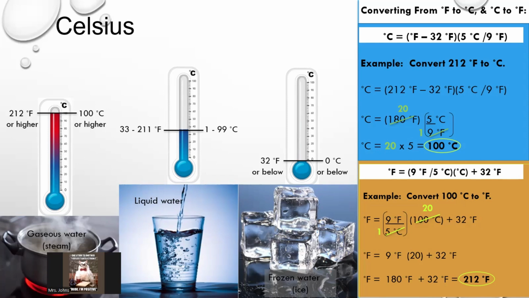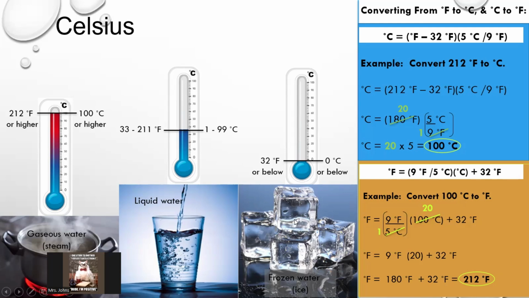Liquid water is liquid any time between this temperature and anything under 100 degrees Celsius down to above 0 degrees Celsius. So I put 1 to 99 degrees Celsius is water, or 33 to 211 degrees Fahrenheit.